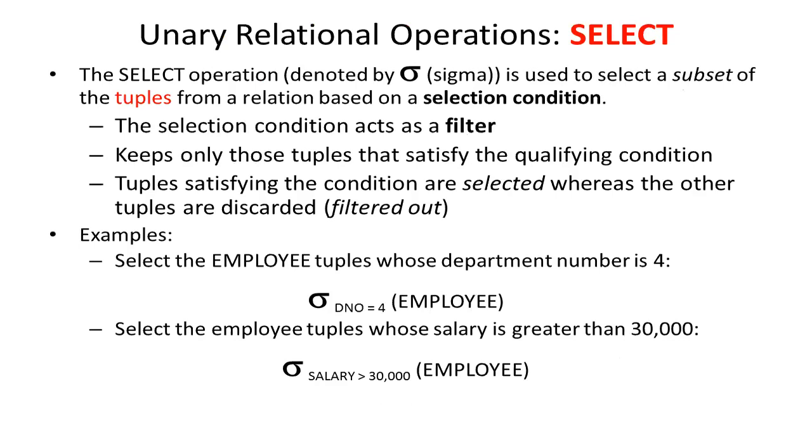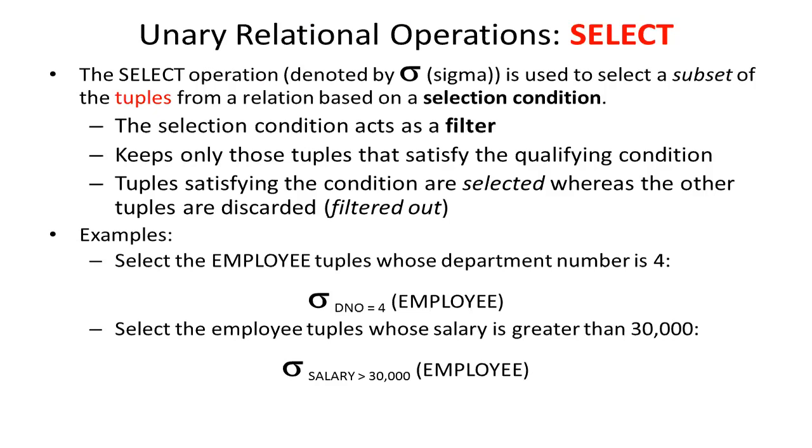Based on the condition in the select statement, suppose you say select student name from student table where department equal to computer science. Among the 100 records, if only 20 have department value equal to computer science, that alone you will be getting.